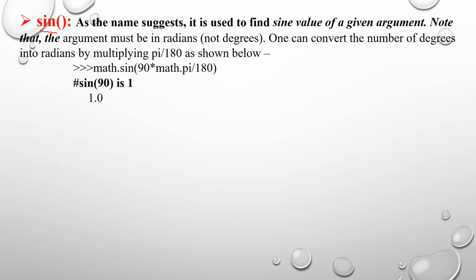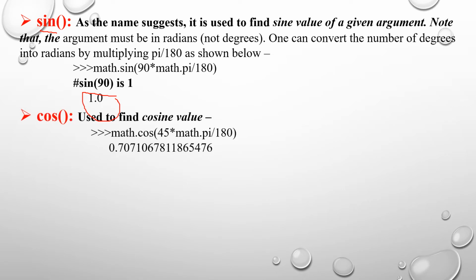So for example, math.sin of 90 into math.pi divided by 180. The result is 1. Sine 90 gives us 1.